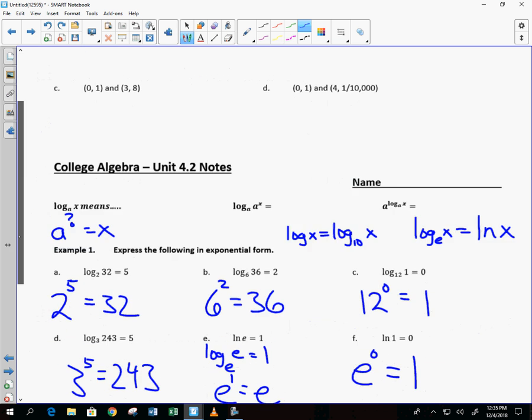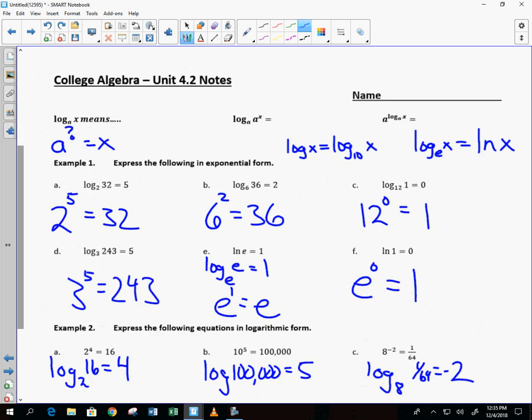Flip back to your very first page. And we have these two statements here. And they say the log base a of a to the x. These are inverse operations. They cancel each other out, leaving you with just x. Just like the square root of x squared is x.